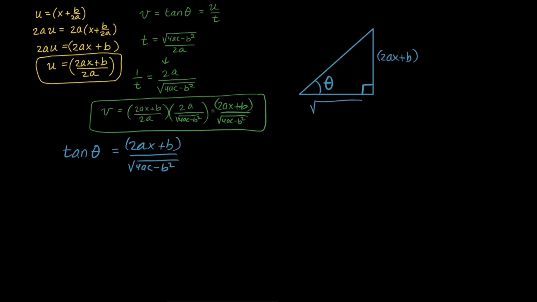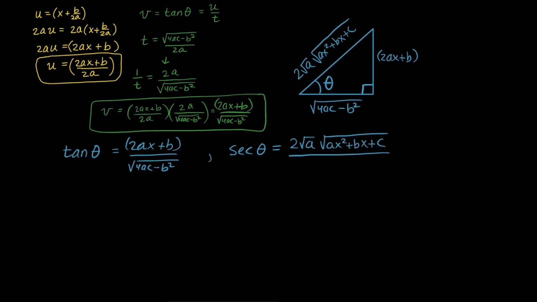It's the opposite over the adjacent from that angle, so we'll set the triangle up accordingly and solve for the hypotenuse of that triangle using good old Pythagoras. And it works out to be 2 square root of a multiplied by the square root of ax squared plus bx plus c. Very convenient. And the secant, which we know is defined as the hypotenuse over the adjacent, we can collect the terms here and write an expression for the secant of theta.